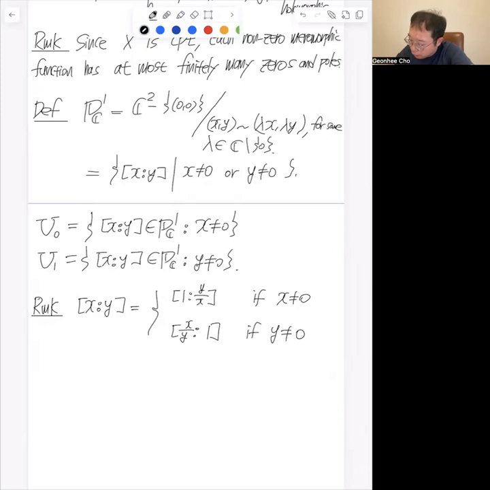And in this way, if we write y over x as just z, which is clearly a complex value, then x over y should be written as 1 over z.